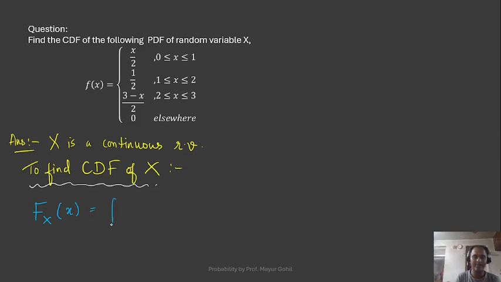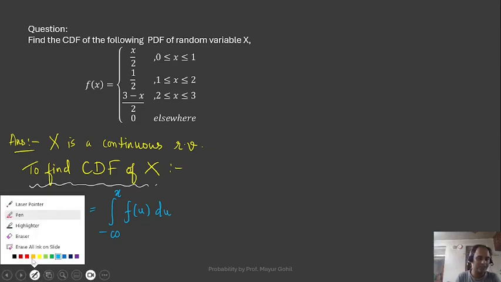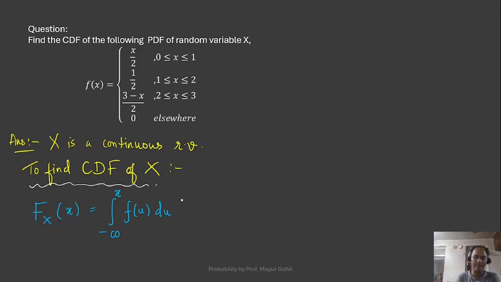Please remember that this is the formula, and let me now begin the quest of finding this CDF for the following PDF.